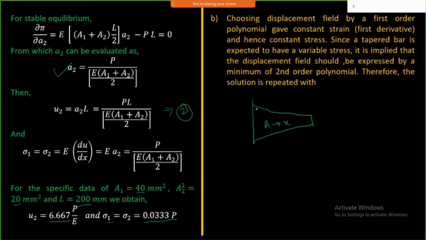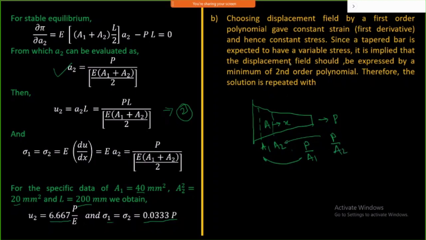Obviously the stress at this location and this location will be different, because here the area may be A1, here it's A2. The amount of force is fixed, so I will get P divided by A1 as the stress at this location, P divided by A2 as the stress at this location, like this.